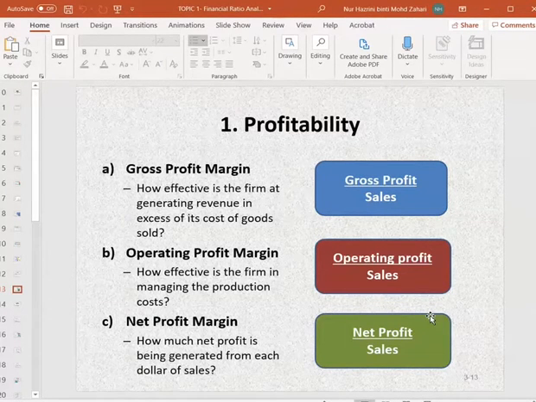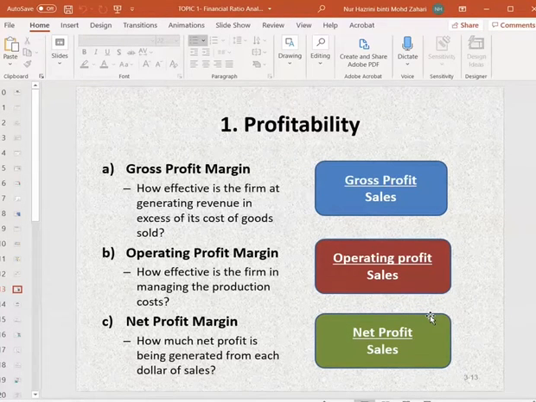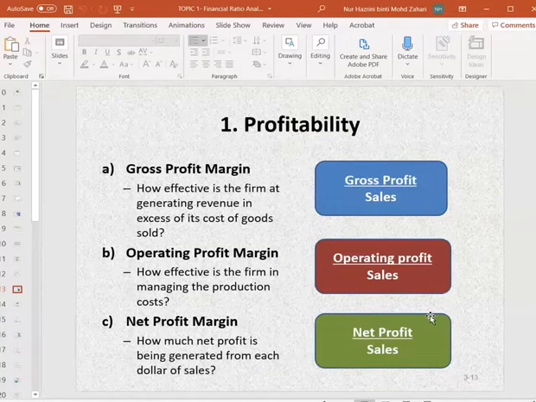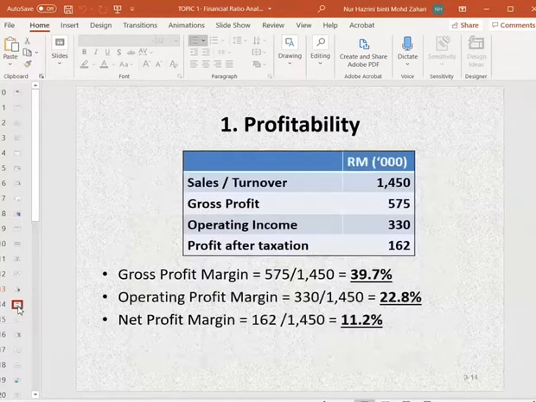All of the expenses, like electricity, salary, rental. You will have to minus all of that before you get the net profit. So when we talk about net profit margin, we are also talking about how effective you are in managing your total cost before you get the net profit.